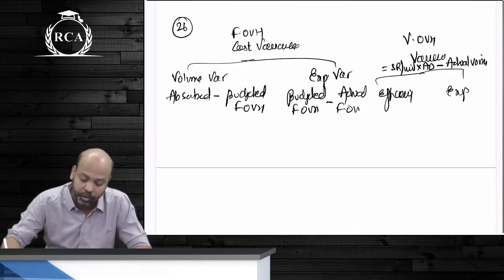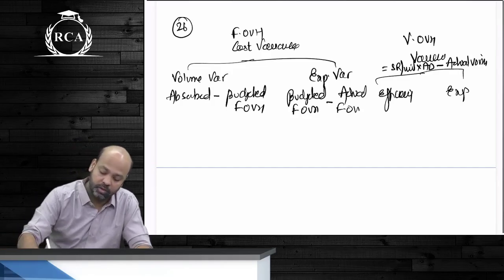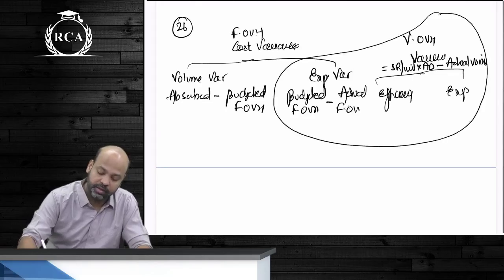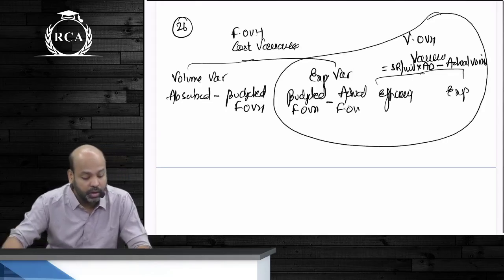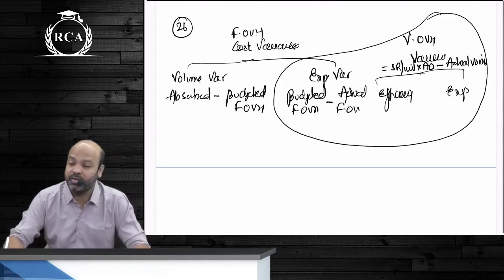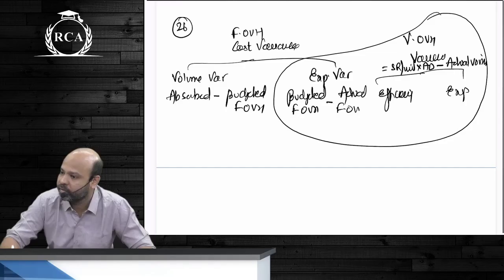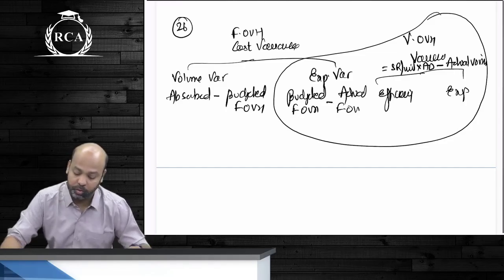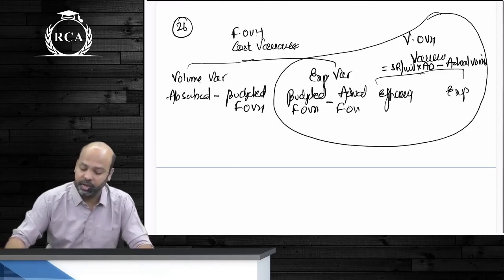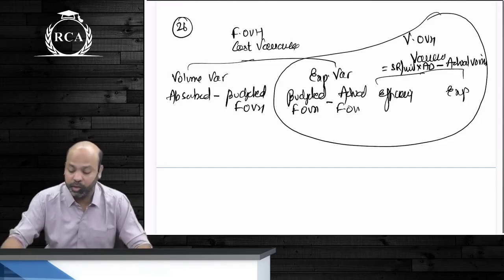I cannot compute fixed overhead expenditure variance separately because actual fixed overheads are not given. All of this put together is a second variance, the overhead expense variance. You will not be able to compute fixed overhead expenditure variance separately. You will not be able to compute variable overhead cost variance separately. We will simply club all of them, guys.